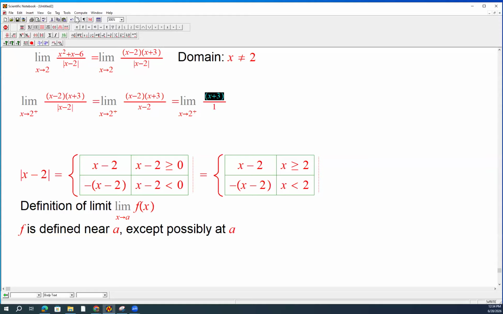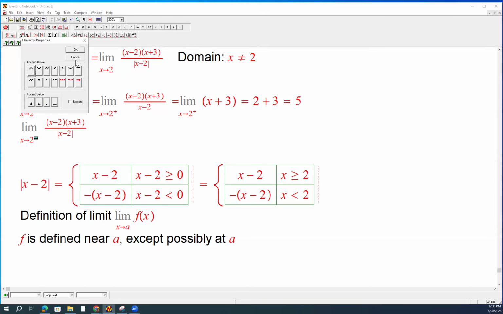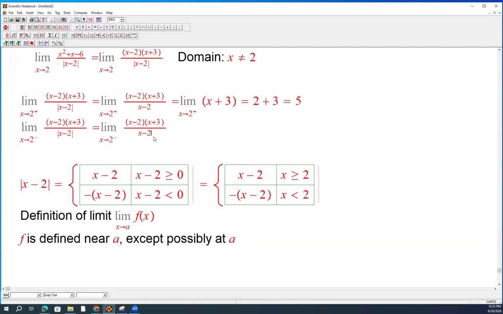And then you're going to do the limit from the left. So this will be a negative sign. In that case, you would substitute the denominator, the absolute value of x minus 2, when x is less than 2. X less than 2 is implied in this notation. That equals the negative of x minus 2. So x minus 2, we drop the absolute value sign and put a negative sign there.